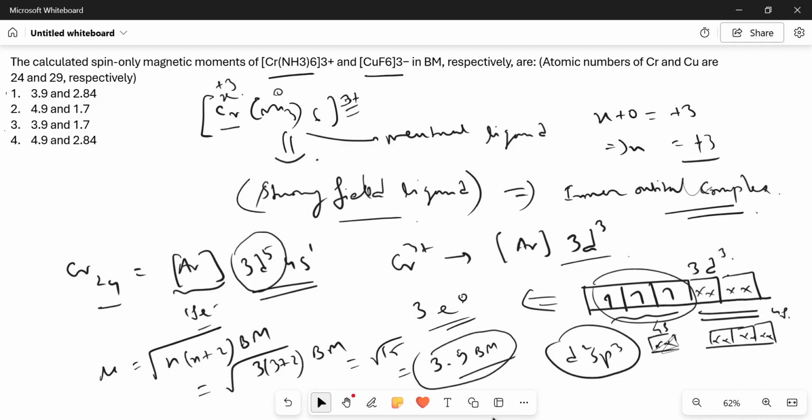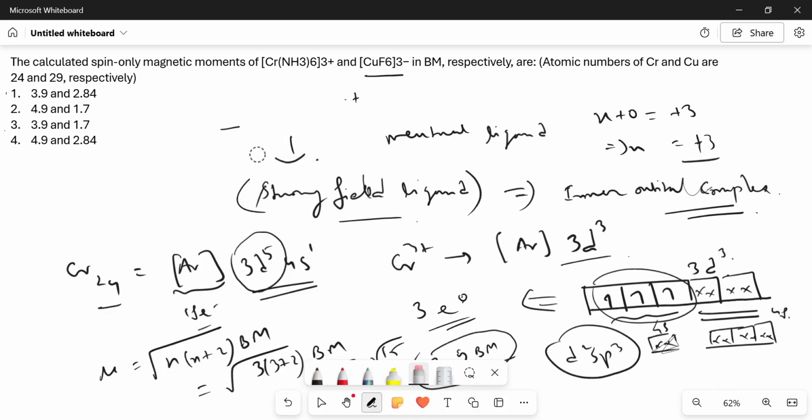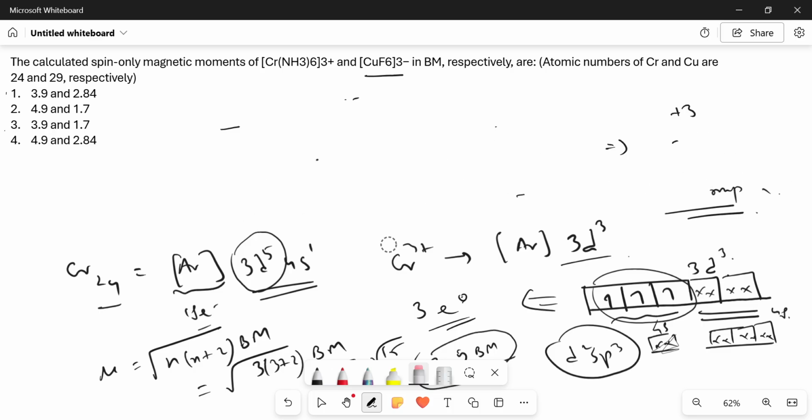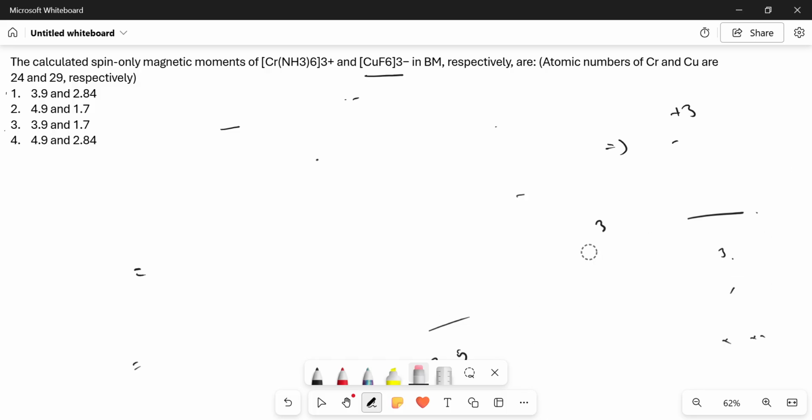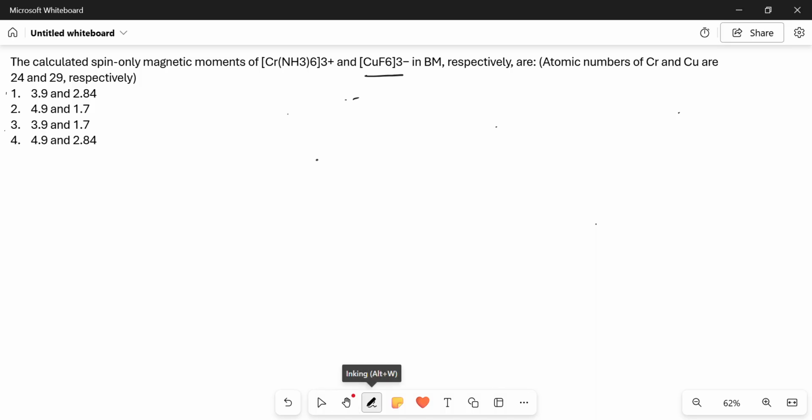Next we will see the copper complex. The compound is [CuF6]3-. What kind of ligand is fluoride? Fluoride is a weak field ligand.